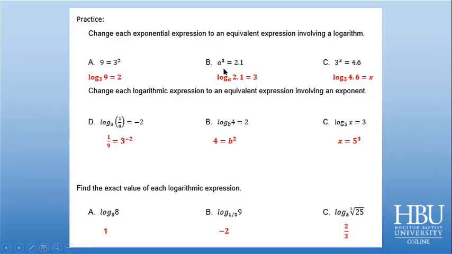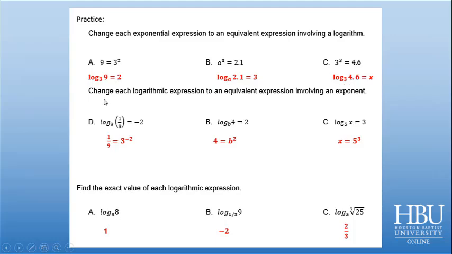If a cubed is equal to 2.1, that's equivalent to saying the logarithm of 2.1 to base a is equal to 3. 3 is the exponent, so 3 is the logarithm, and a is the base. If 3 to the x is 4.6, that's equivalent to saying the logarithm of 4.6 to base 3 is equal to x. x is the exponent, so x is the logarithm here, and 3 is the base.